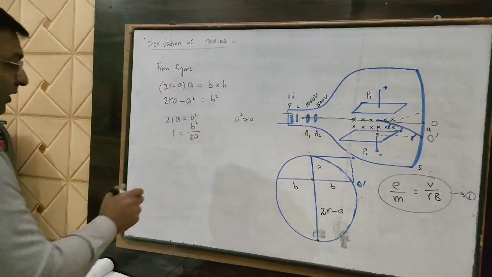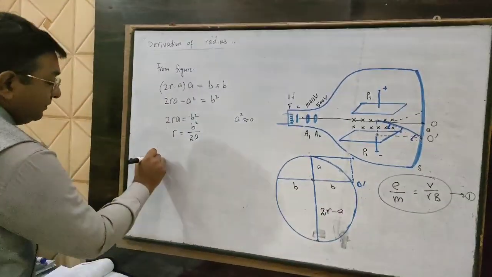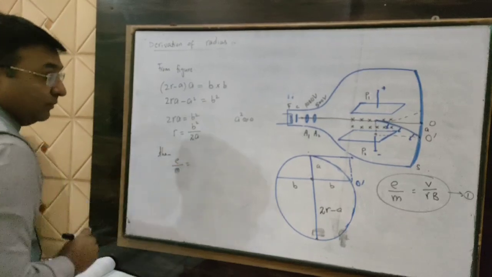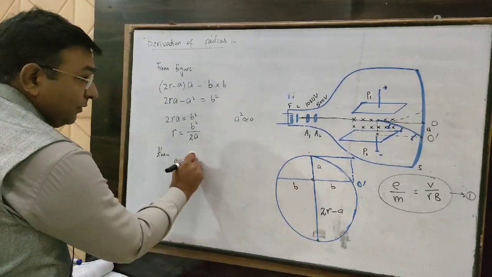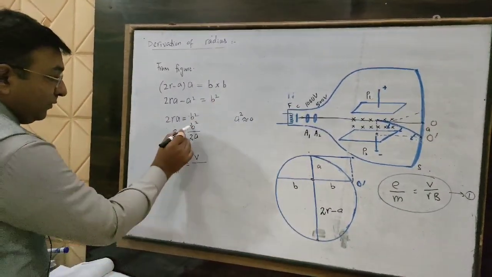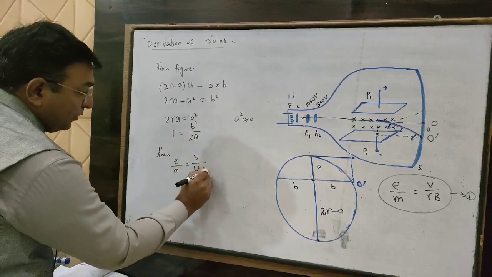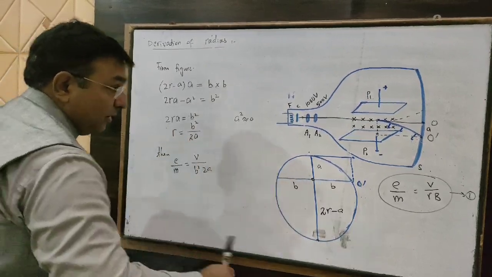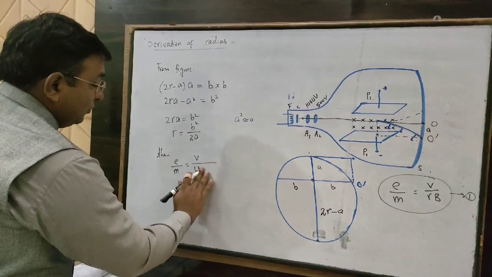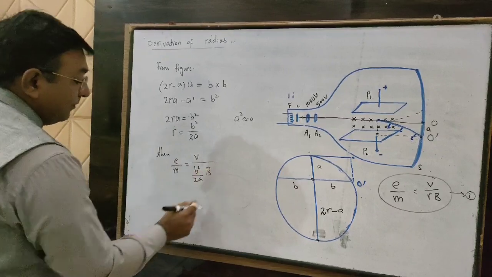So if we replace the value of this r in the equation, then e upon m is equal to v, the answer remains same, and the value of r is b square upon 2a, and b. हम देखें, 2a divided में है, divided by 2a multiply by b.